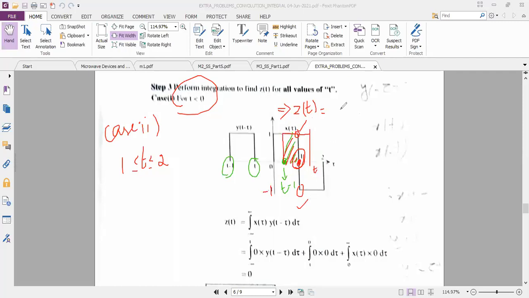Yes, ma'am. So if that is the case, can I split the limits like this? You just see. The first split up is between t minus 1 to t. My amplitude of x of t is 1, right? And the amplitude of y of t is also 1, into d tau.